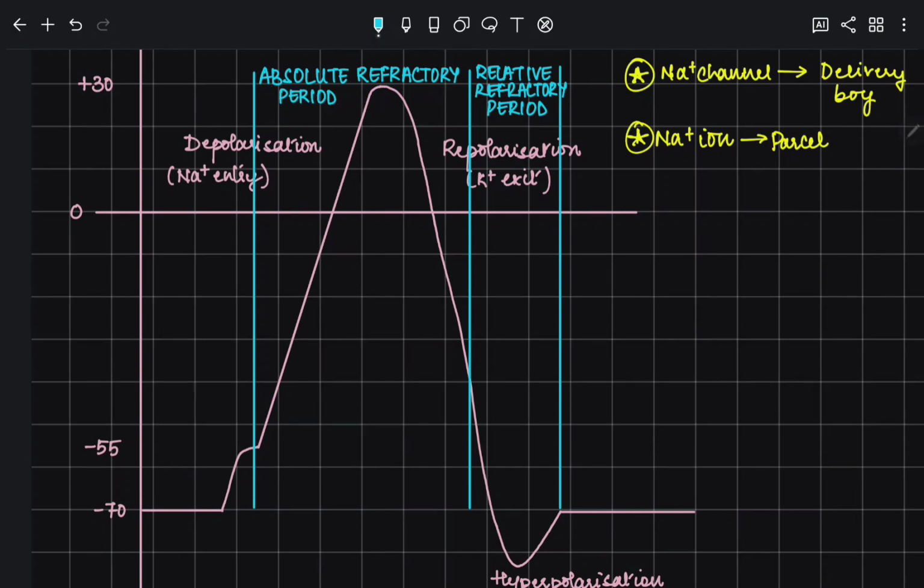So the absolute refractory period is the period where all the delivery boys are sleeping and none of the action potentials can be taken. Whereas relative refractory period is where there are a few delivery boys who are awakened and they can take the delivery, and it's essential to give them an upgrade or a higher stimulus such that they can elicit an action potential, which is reach the threshold.